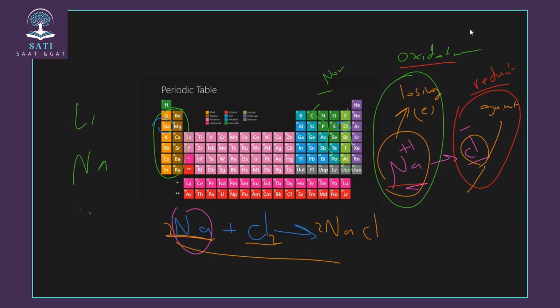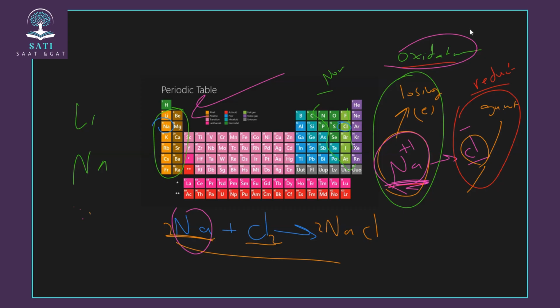What do we need to know more is that the process of oxidation happens for the elements on the left or on the right of the periodic table? Where is the sodium? Sodium is on the left of the periodic table. So oxidation happens for the elements that are on the left of the periodic table, and in general these are metals.